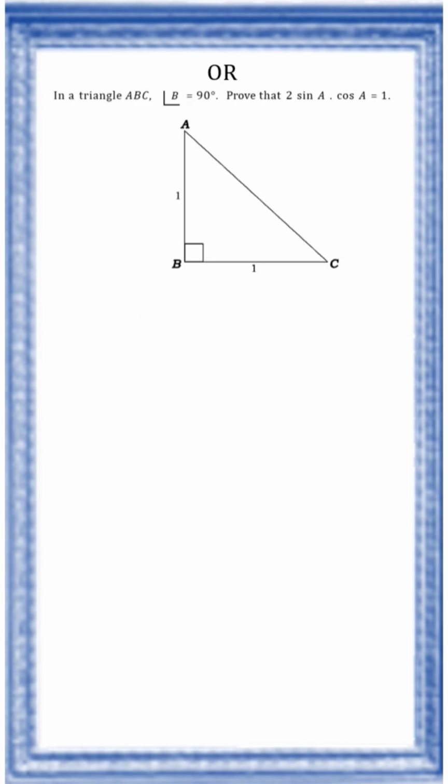There is an alternative choice for this one. In triangle ABC, angle B is 90 degrees. Prove that 2 sin A into cos A is equal to 1. To find sin A and cos A for angle A, you need the hypotenuse. Hypotenuse AC can be found by using the Pythagorean identity.